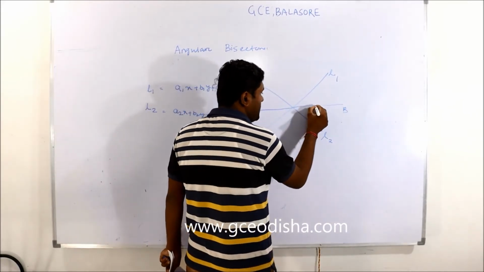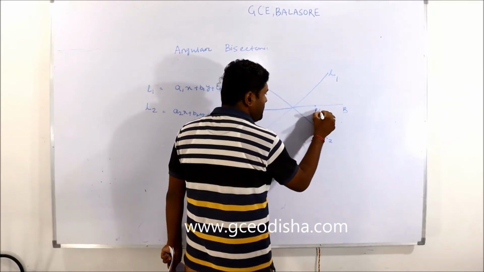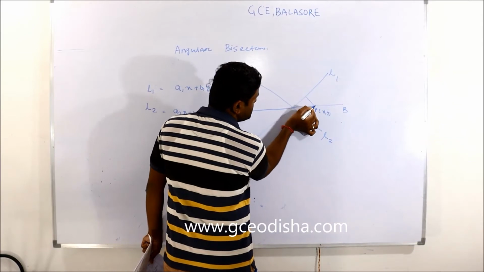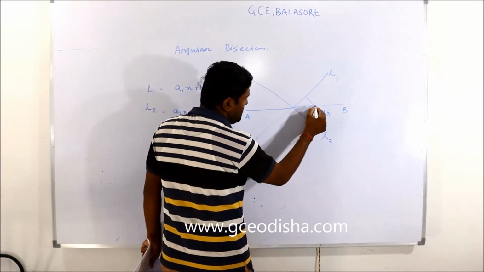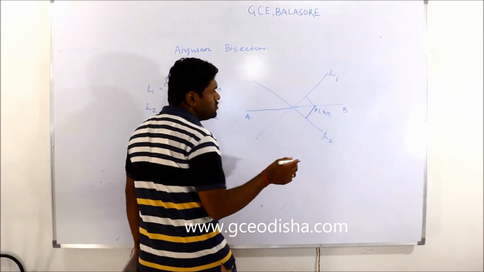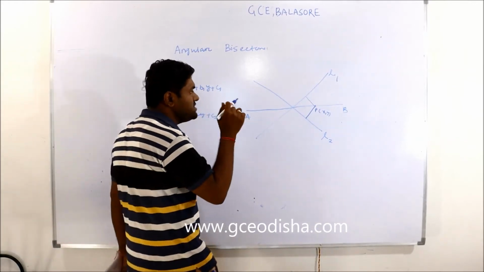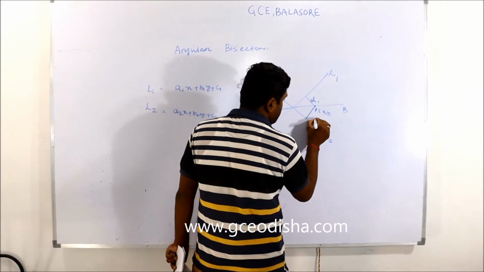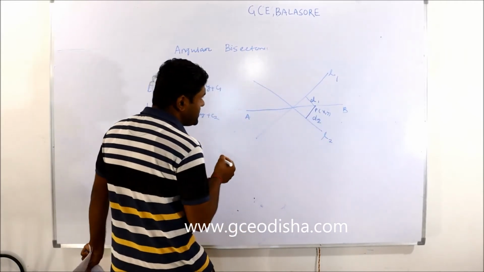What is the meaning of angular bisector? Like the point P(x,y), when you take a point P(x,y), the perpendicular distance to the line L1 and the perpendicular distance to the line L2 both remain the same. That means this distance D1, like this distance D2, what is D1?